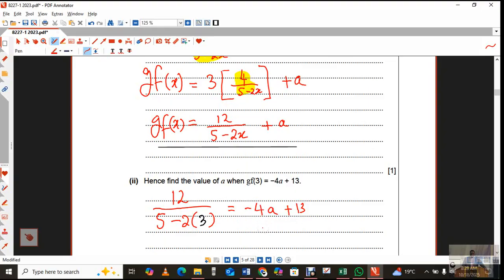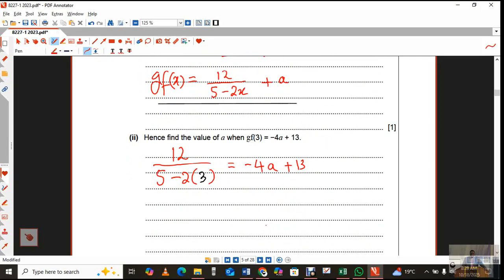What you have on the left hand side is just going to give you a number that we can actually calculate. You have 12 divided by 5 minus 6, which is going to leave this as negative 12 over here.